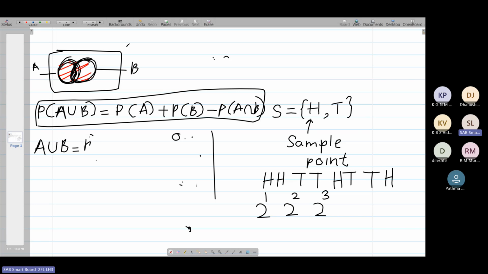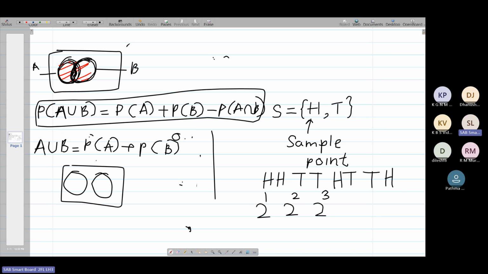We take probability of A plus probability of B, because there is no intersection. Therefore, we do not need to subtract the intersection from this addition of the two values. Understood? Mutually exclusive means there are two circles, but they are separate. There is no common area. Then we can take the one circle plus this. It's clear? Okay?